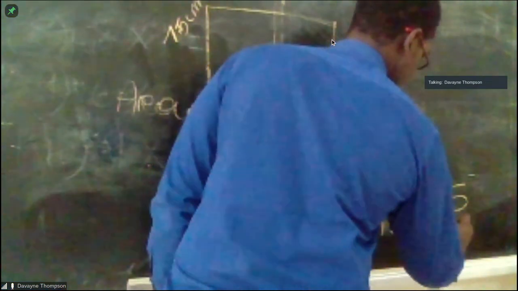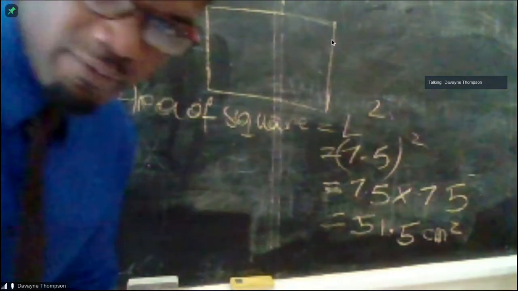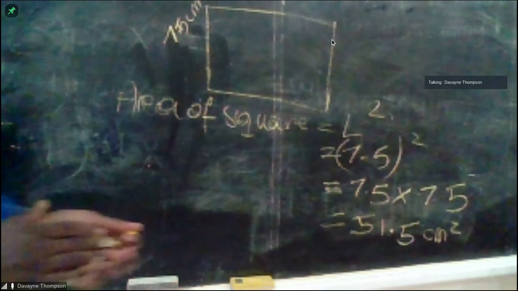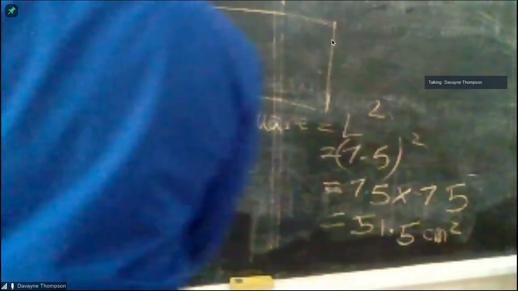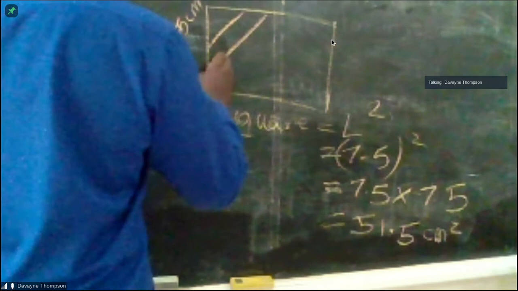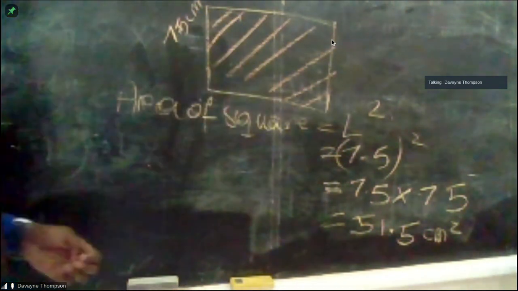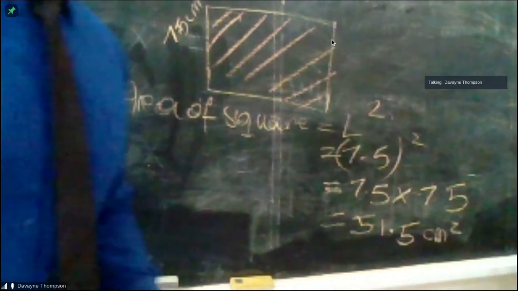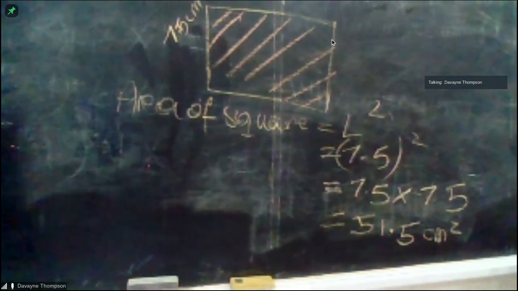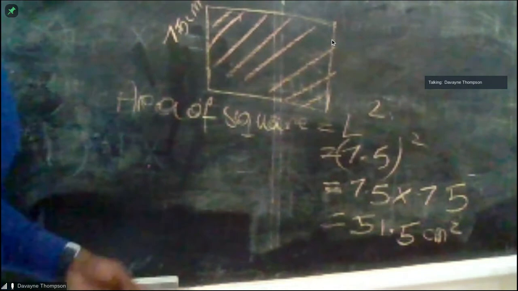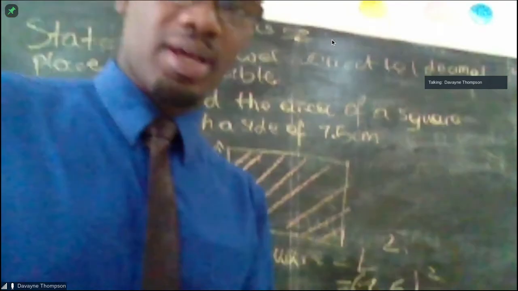Right. Your units. Don't ever forget your units. Excellent. Right. Everybody give me a round of applause. That is correct. So the area of a square now, the inside of the square, would be 51 centimeters squared. Good. Good. Now, the next person that is going to be up is Isabel.